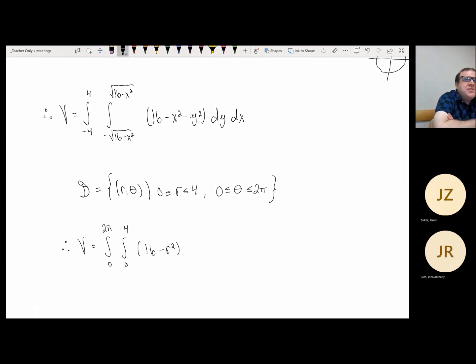Now, here's where things change just a tiny bit. dA is not dr d theta. It is r dr d theta. The most common mistake when converting to polar, the students forget that extra r.